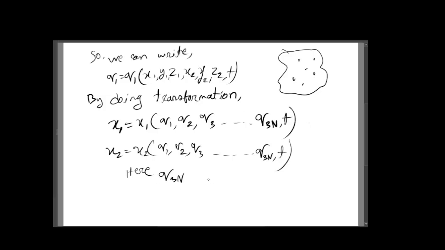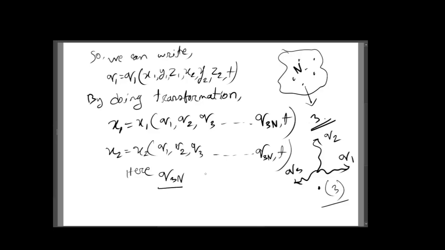Here q3n represents that in our n-particle system, each particle contains 3 components, so a particle gives 3 components. That's why n particles will contain 3n components, along with t.